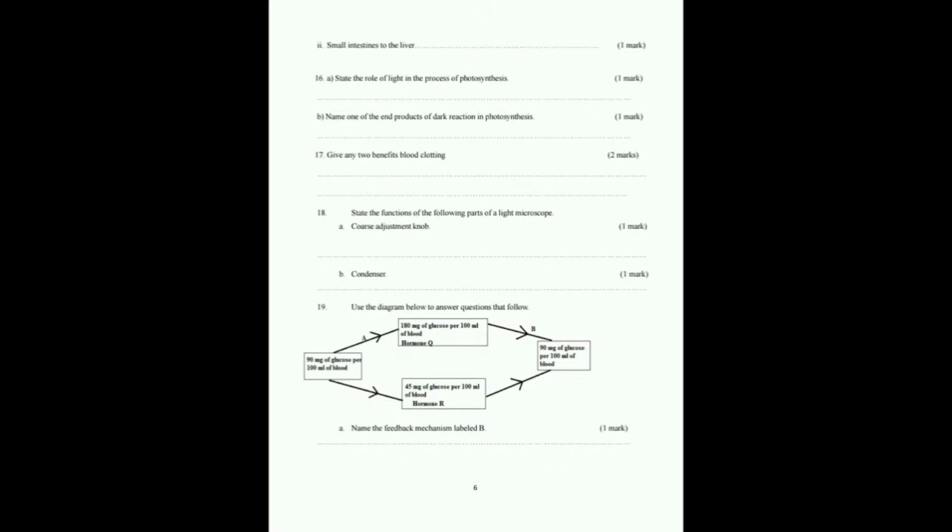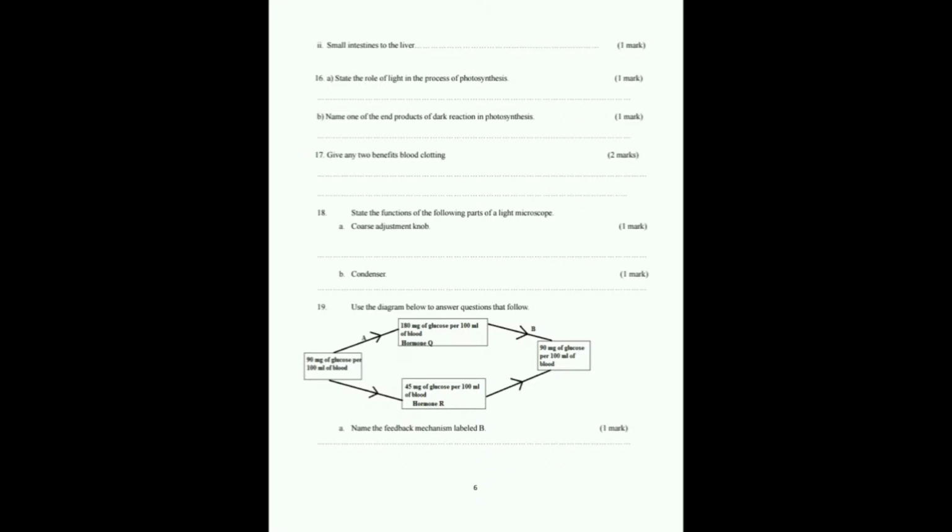When glucose is low, glucagon will aid in the conversion of stored glycogen into glucose. And when it is too much, insulin is produced so that it aids in the conversion of excess glucose into glycogen, which is normally stored in the body. So hormone R is glucagon. And hormone Q, you are not asked, but hormone Q is insulin.